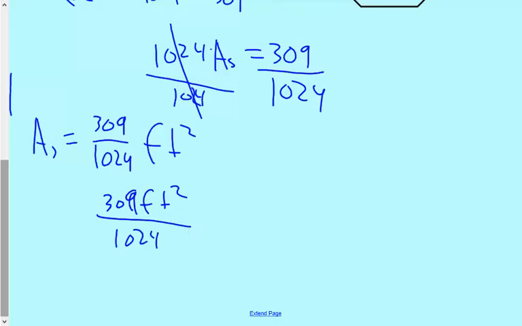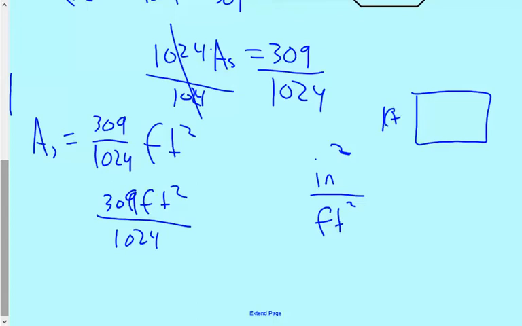Now the conversion that I want, I need square feet on the bottom and square inches on the top, because the end result has to be in square inches, so the square feet have to cancel. So how many square inches are in a square foot? Well, let's figure that out. 1 foot by 1 foot, so that's 1 square foot.